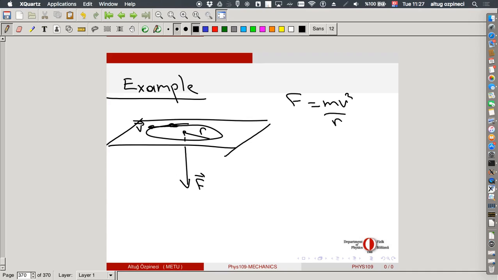Relative to which point? If you want to talk about angular momentum and torque, you have to talk about relative to which point.